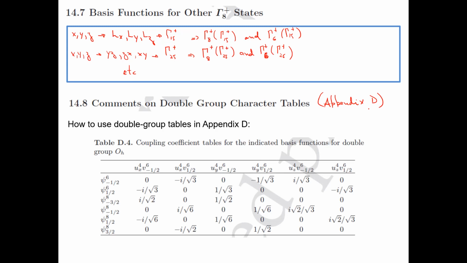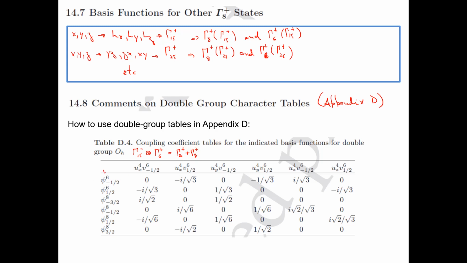This is one example of that, table D.4, which is precisely the case we have considered before. It gives me the coupling between gamma 1/5 minus and the spinor, which gives me gamma 6 plus gamma 8, and that's this notation.